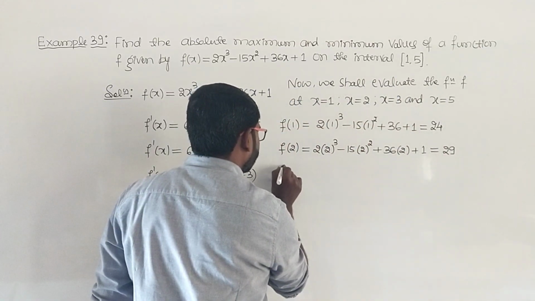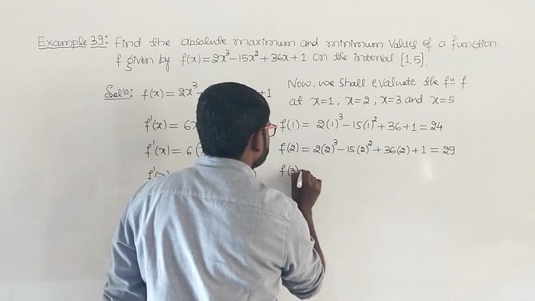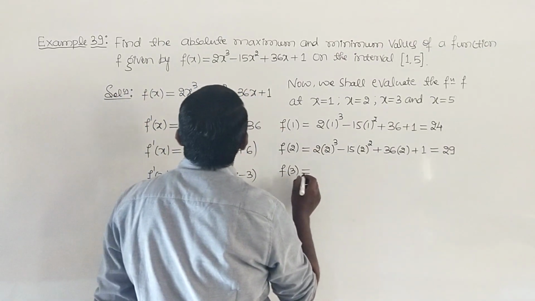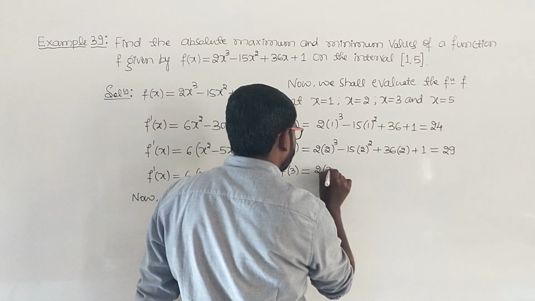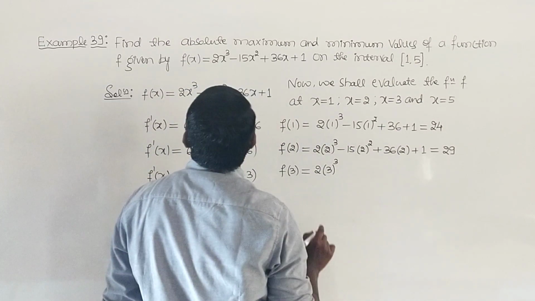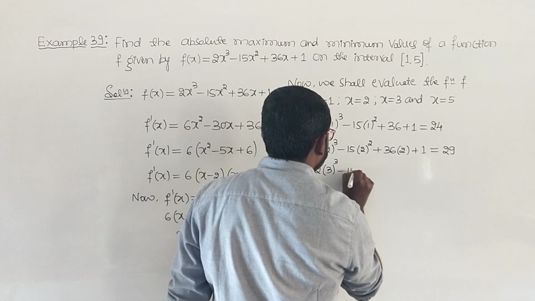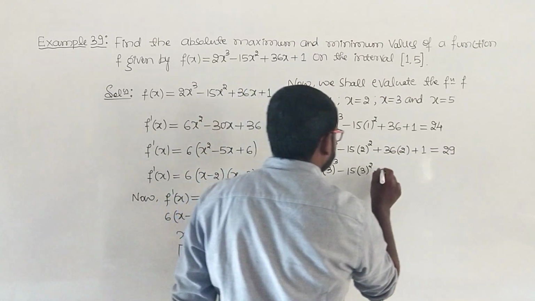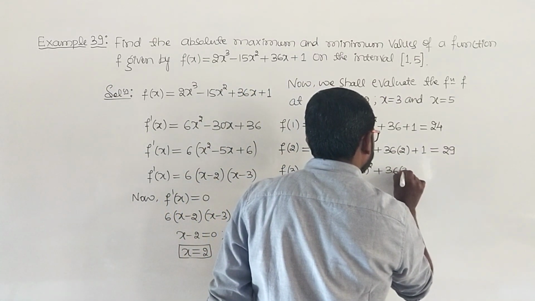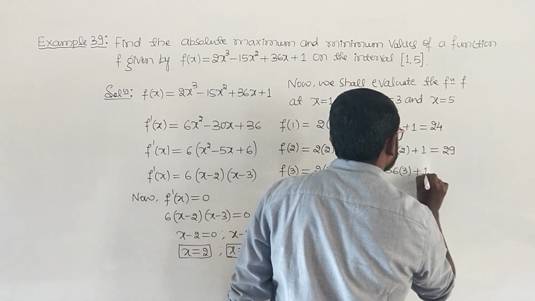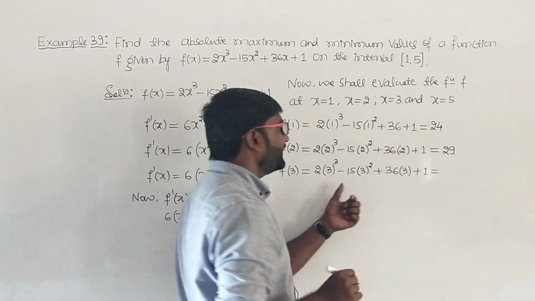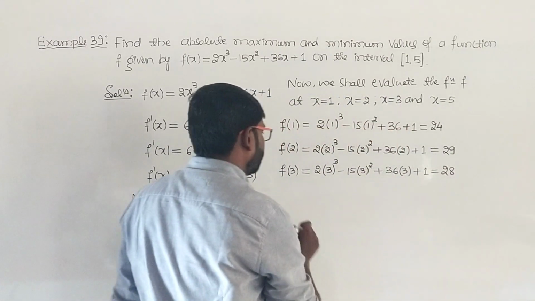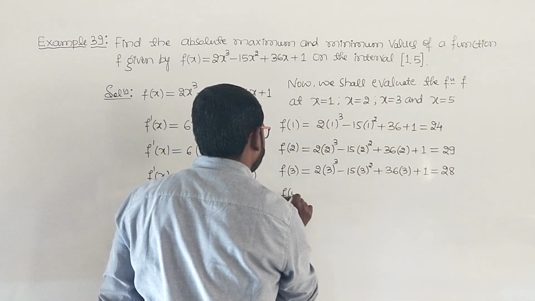Then I'll go for f of 3, which equals 2 into 3 cube minus 15 into 3 square plus 36 into 3 plus 1. Simplify all the terms and you get 28.